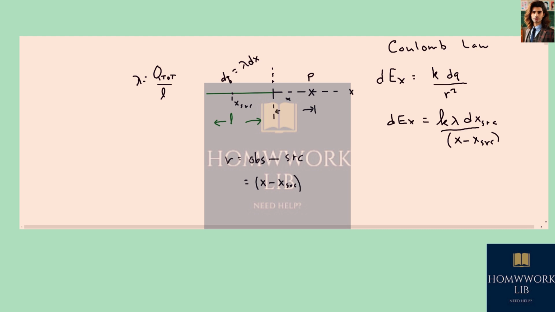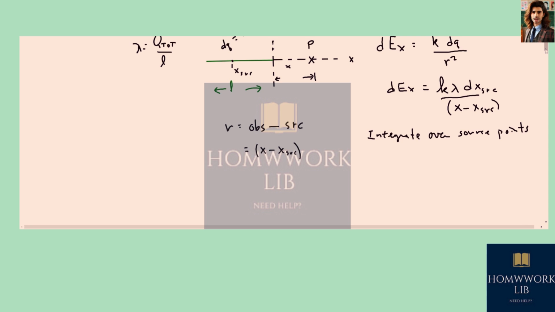Now, this is where we want to integrate over the source points. And what you're really saying is that for the electric field, you can use superposition. The superposition idea, that electric field from many, many points is just the sum of all the little electric fields added up. So we're going to integrate that on both sides.